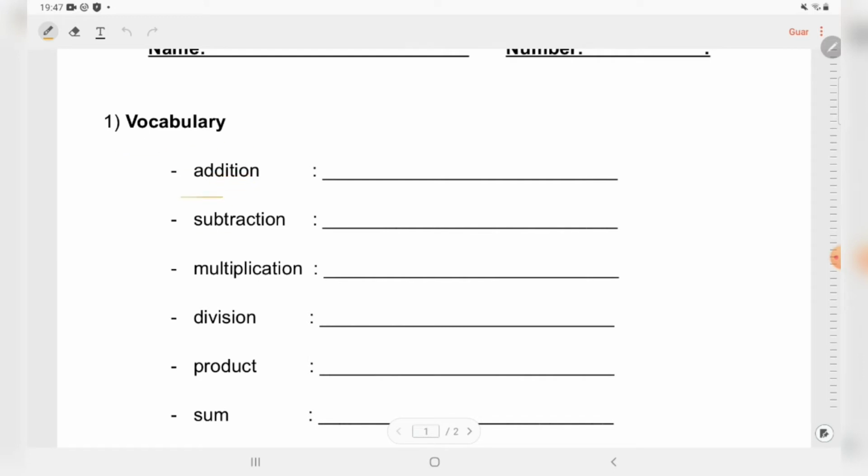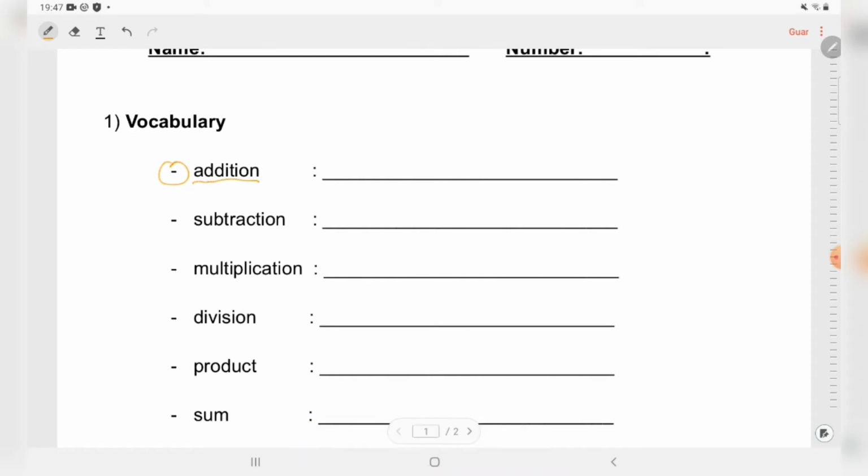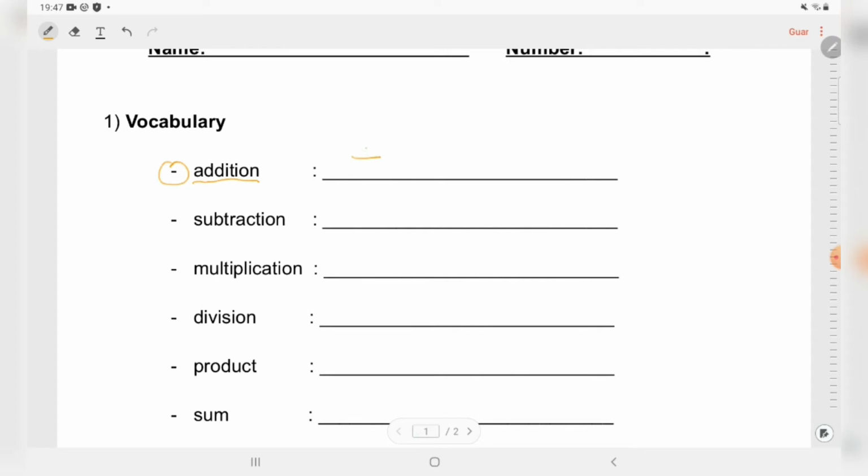Let's read all the words and explain carefully. The first word is, read with me please, addition. Addition. Perfect. An addition is an operation where we are using this symbol. I'll give you one example, for example, 15 plus 10.